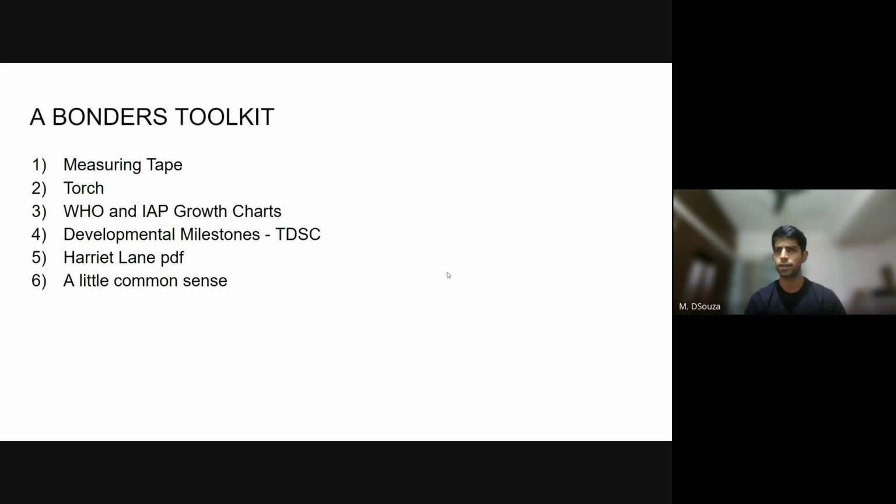Something that we commonly ask interns at the start of our pediatric posting is, what are the things that you would commonly measure in children? Would anyone like to tackle that? What are the common things that you would measure in a child less than 5 years old and a child more than 5 years old? You all could unmute because I'm not able to see the chat box right now. Anyone?